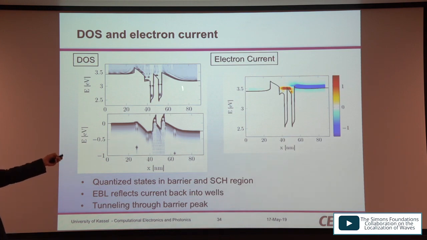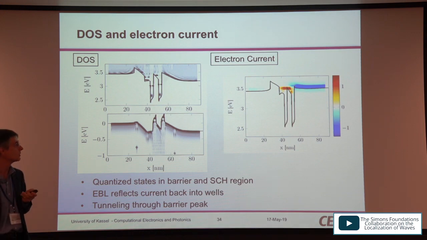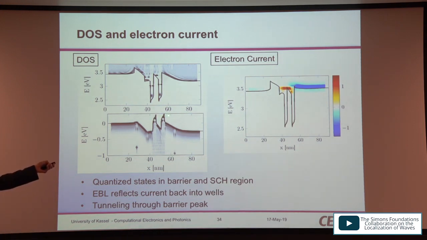Although in the bulk you see the nice square root type of behavior, so that makes sense. However, interesting is here the barrier region. We see resonance states here, and we see a strong resonance state in the barrier between the wells. For the holes, you see roughly the same. You see the ground state, you see the excited state.